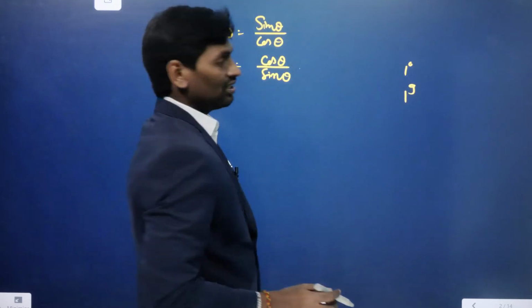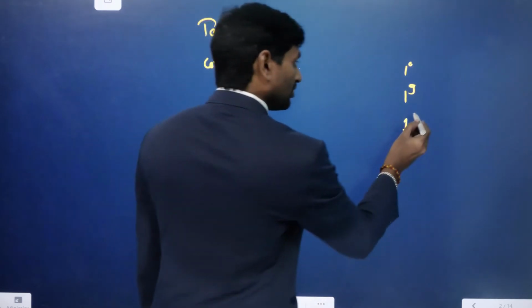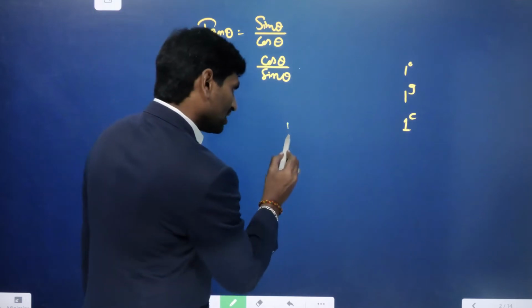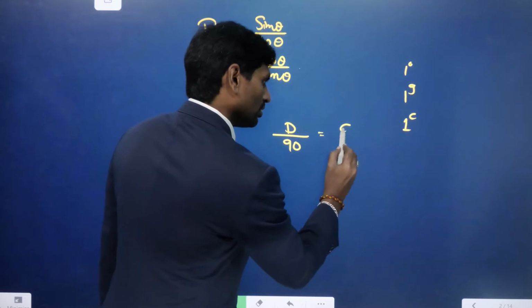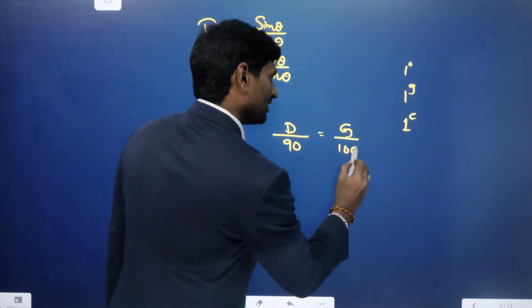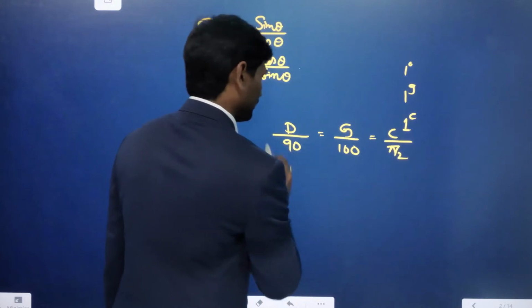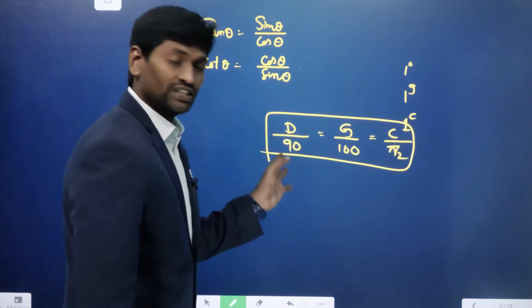And in the circular system, 1 radian. Its relation also we discussed: D by 90 equals G by 100 equals C by pi by 2. This is the relation between the sexagesimal, centesimal, and circular systems.